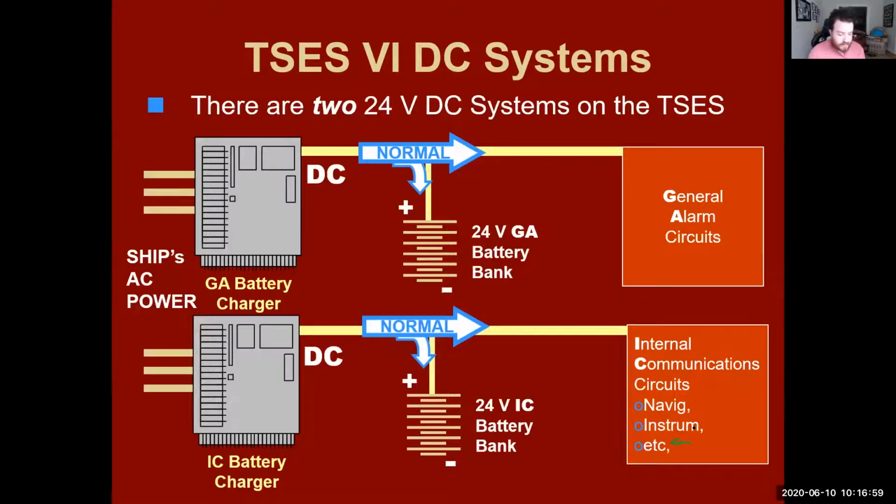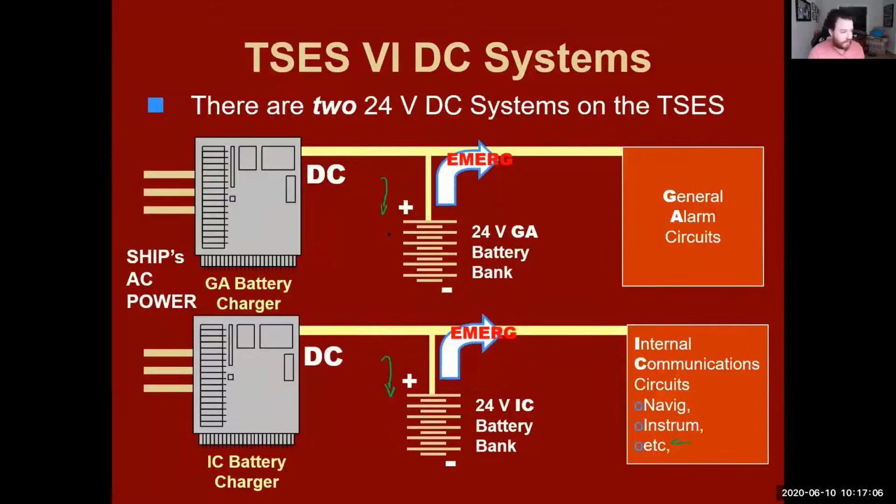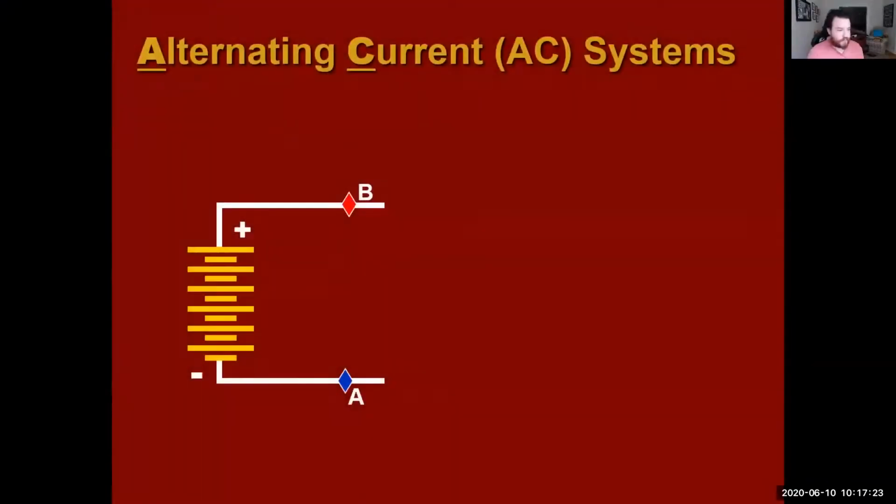Normal operation will consist of these battery banks being charged. Then when we have no current coming into those battery banks, we will go into an emergency situation automatically, where these batteries will start to output a current. They will output electricity.